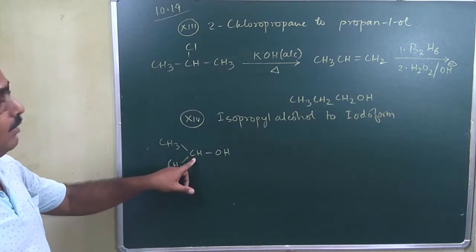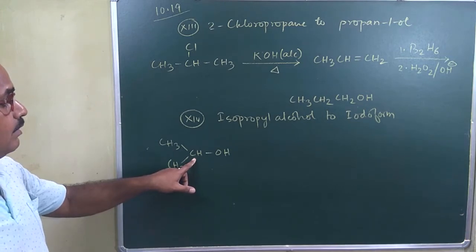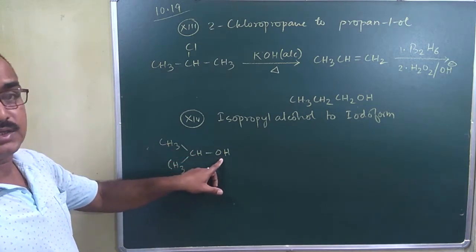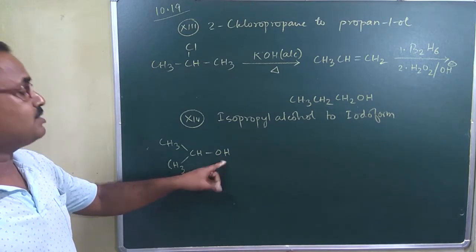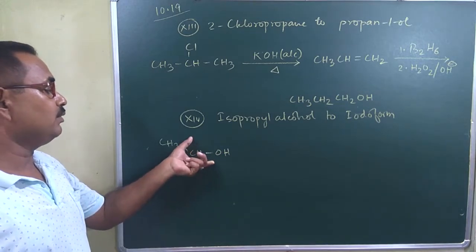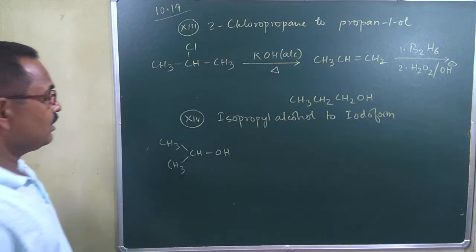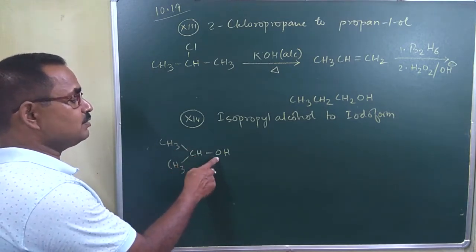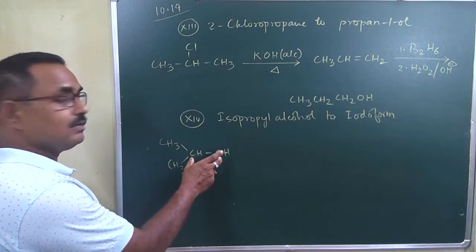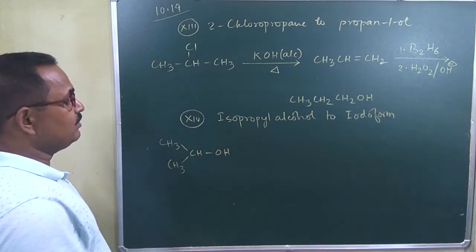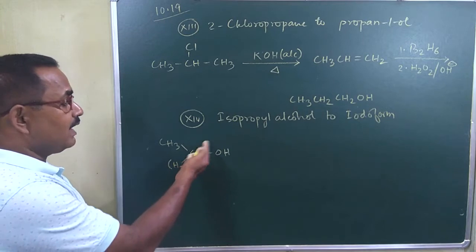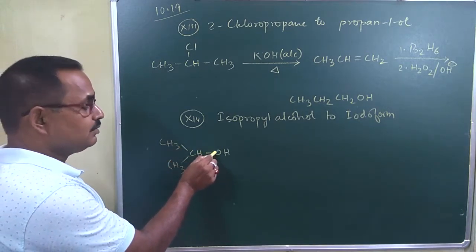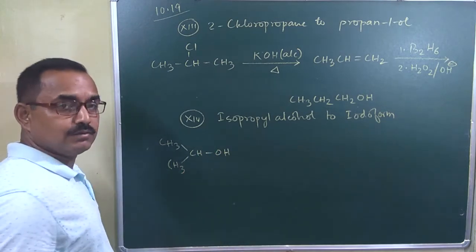See, an alcohol which has a CH3CHOH type group, means an alcohol which on oxidation can give a methyl ketone group, CH3CO group. This is a secondary alcohol. So on oxidation this will give you a ketone. That ketone will have a group CH3CO, okay, that is called methyl ketone group.